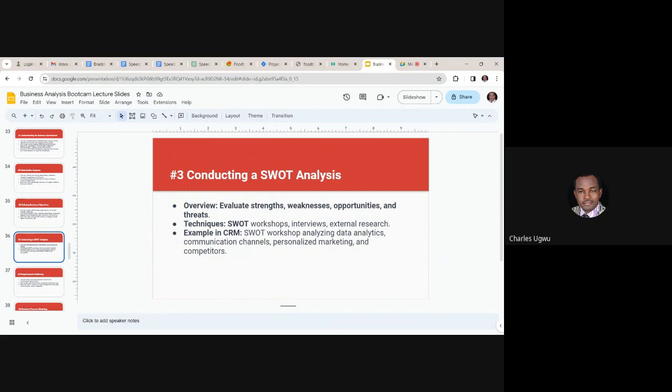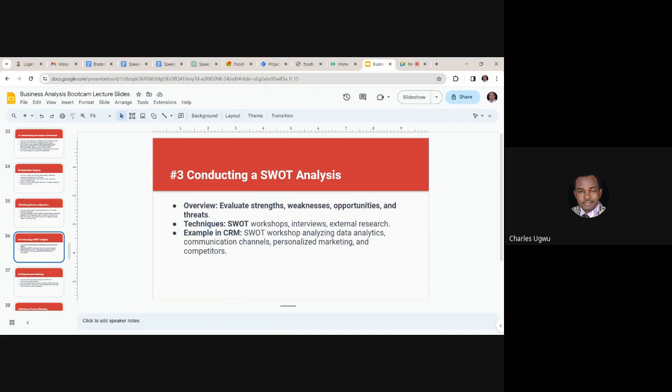That will help us to see how we can improve on our weaknesses, to see our strengths, and then to take advantage of our strengths and look for opportunities and explore all these opportunities, and look for threats and develop a comprehensive risk plan to cater for all the threats that we are going to anticipate.